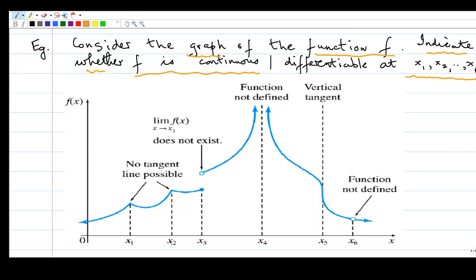You'll see that on the graph that's drawn. I want you to attempt this, and then you can check your work against the PDF of the lecture.